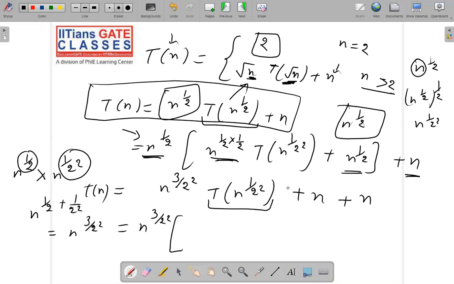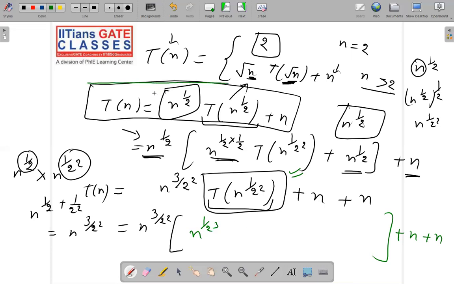Okay, so let's find out this term. We have n plus n already. What is the value of this we will get? It is n raised to power (1/2)^3. Right? Remember this function. Here we are replacing n. Instead of n, we are replacing n with n^((1/2)^2).